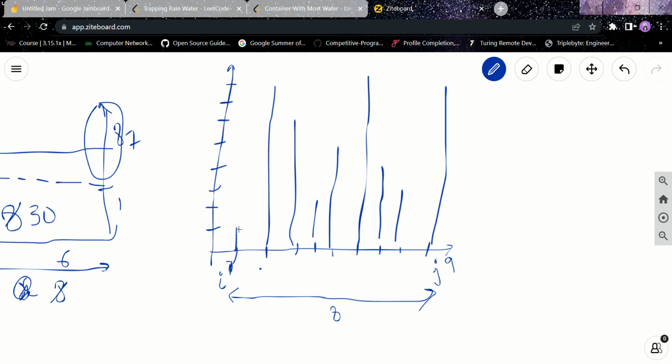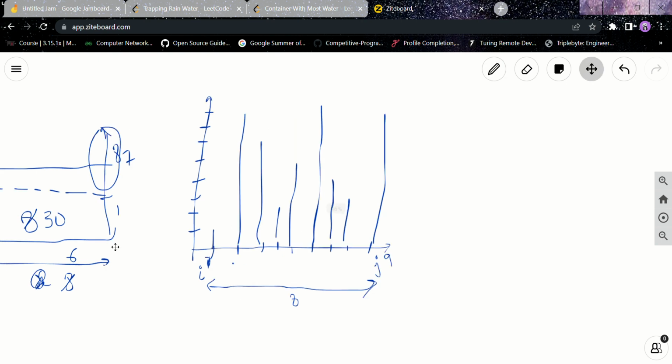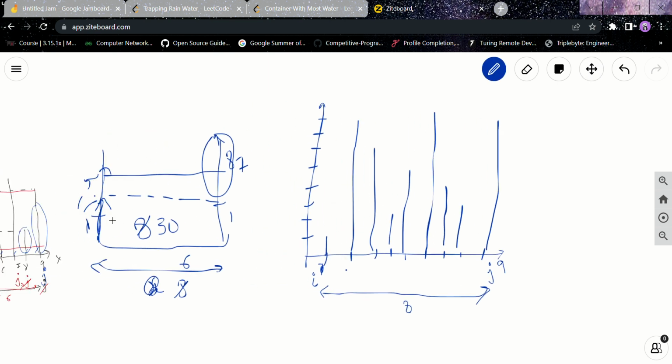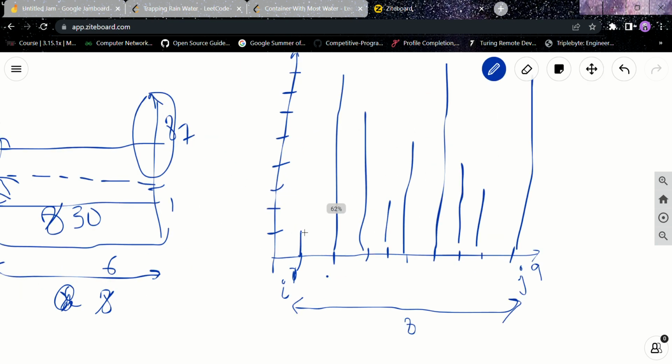Now we need to see which has the minimum height, because if the minimum height is 1, the water will only fill up to there, since it will flow over after 1 unit of size. So the minimum is the height of the ith element. The jth element has the maximum, so the area of this container is equal to 1 into 9, that is equal to 9.